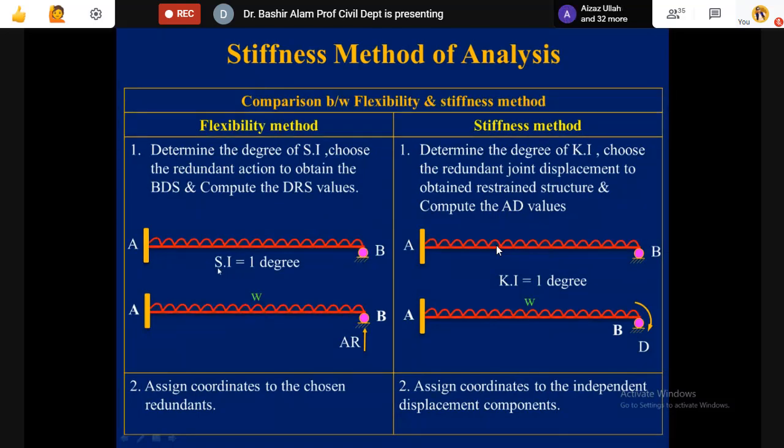Here you can see statical indeterminacy. Why? If you remember, we removed this AR. This was the redundant action declared. Here the redundant joint displacement declared is theta B, the rotation at B, and it is designated by D. Assign coordinates to the chosen redundant, so 1, and this was also 1. Assign coordinates to the independent joint displacements.